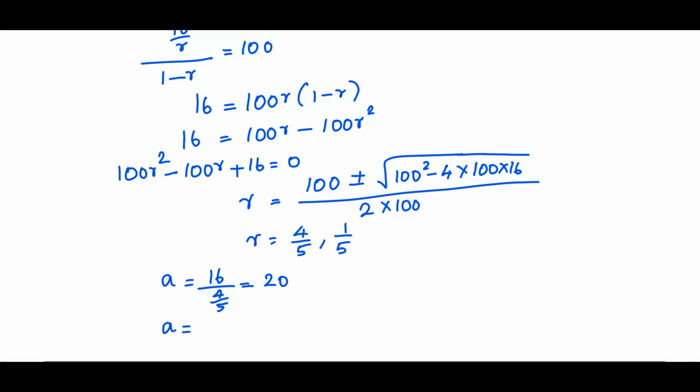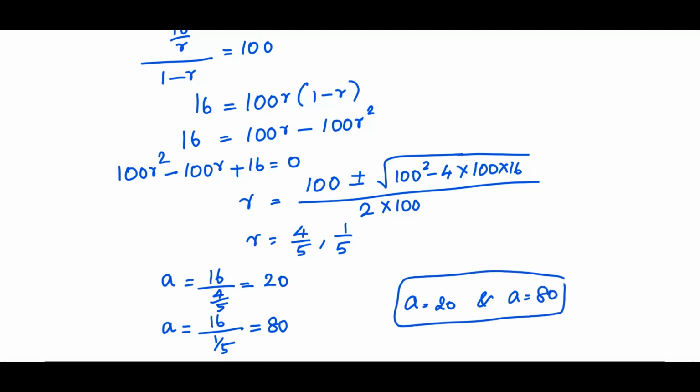Another value of A is 16 divided by 1 over 5, which is equal to 80. So the two possible values of A are 20 and 80.